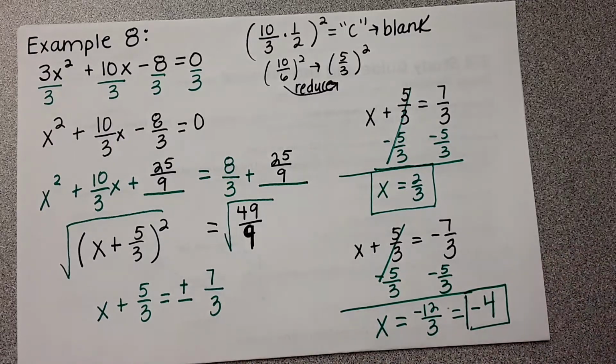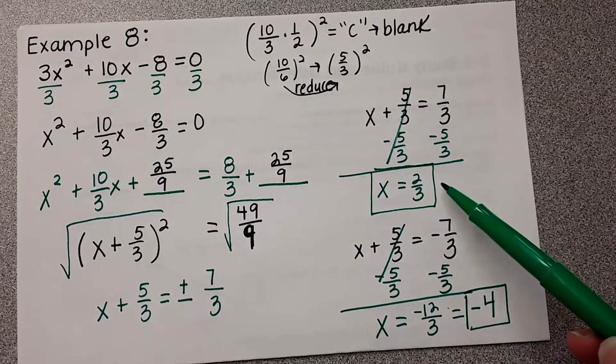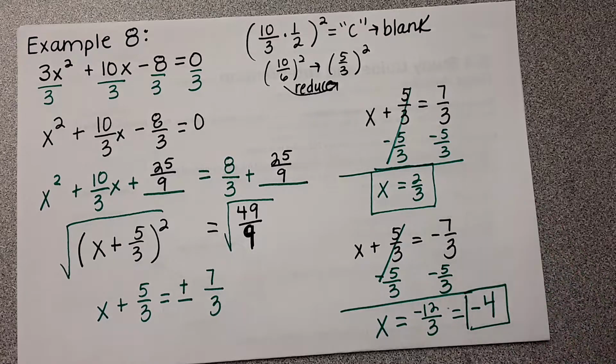So that is where my parabola crosses the x-axis. So if I was to graph this, I should see a point at negative 4, and I should see a point at 2/3 on the x-axis.